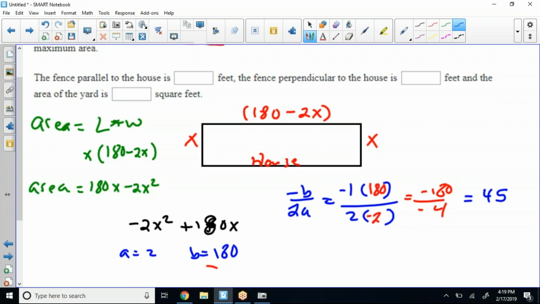So that would be my vertex. That's my H. So these right here would both be 45. And that right there would be 90.